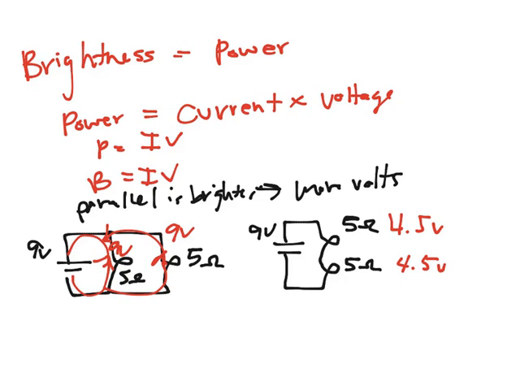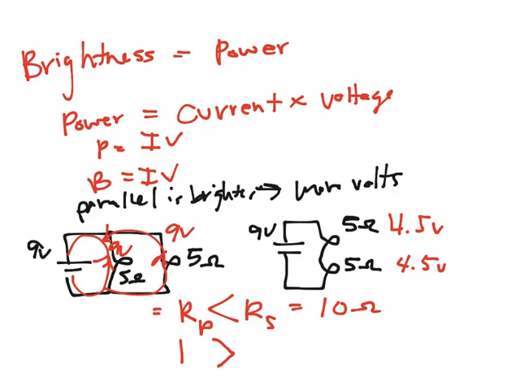However, something we hadn't talked about before is that because of the way this circuit is set up, this one has more resistance. In general, there's more resistance in series than in parallel. I can quickly add these. If I add those, this is going to be a total of 10 ohms resistance.